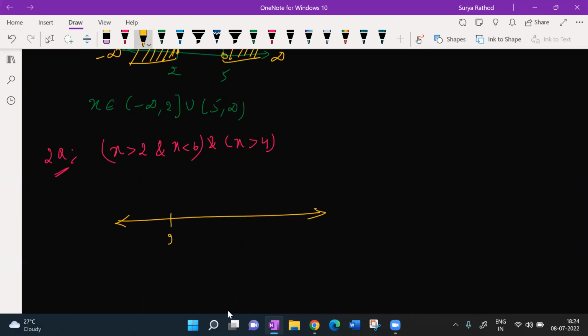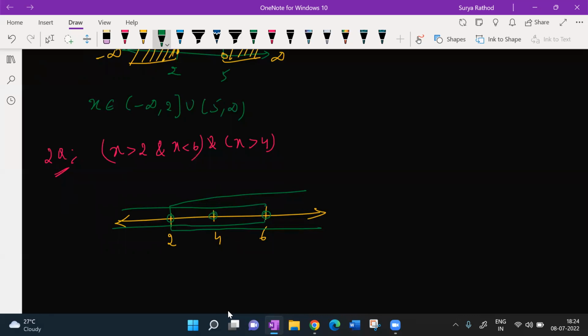What are the points we have here? 2, 4, and 6. X greater than 2, not including 2. X less than 6. And x greater than 4.